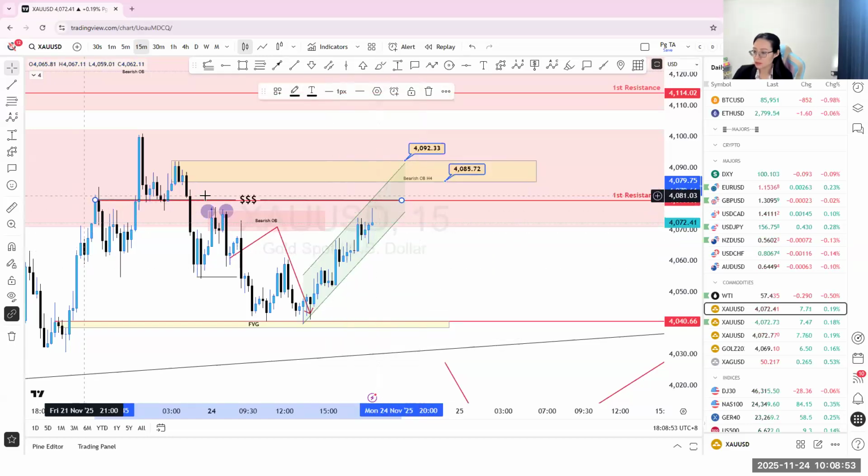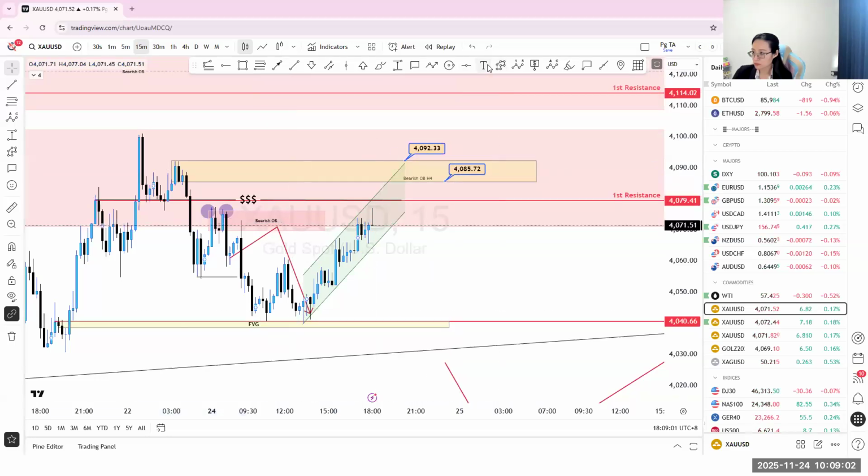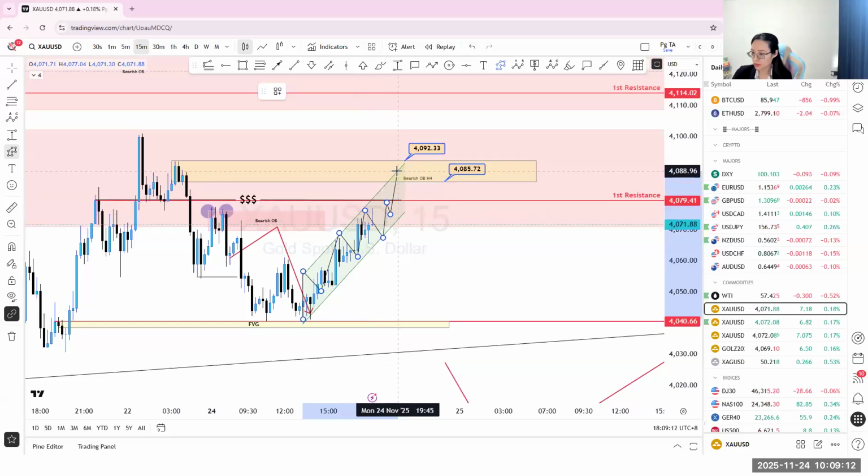This might be considered liquidity, which is at the resistance, right? Then price goes back, rising to this level. Let's say it goes back, maybe here. You may see it go back, then go back here before they go down.